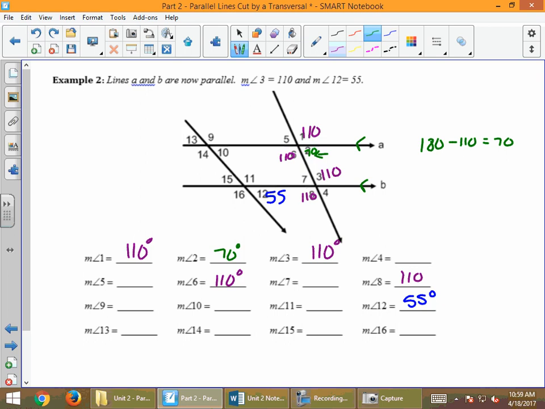And all the other ones on that side are also going to be 70 degrees no matter what. So 7 is going to be 70 degrees because it's its alternate interior angle. 4 is going to be 70 degrees because it's 2's corresponding angle. And that means 5 is also going to be 70 degrees because it's an alternate exterior angle with angle 4.